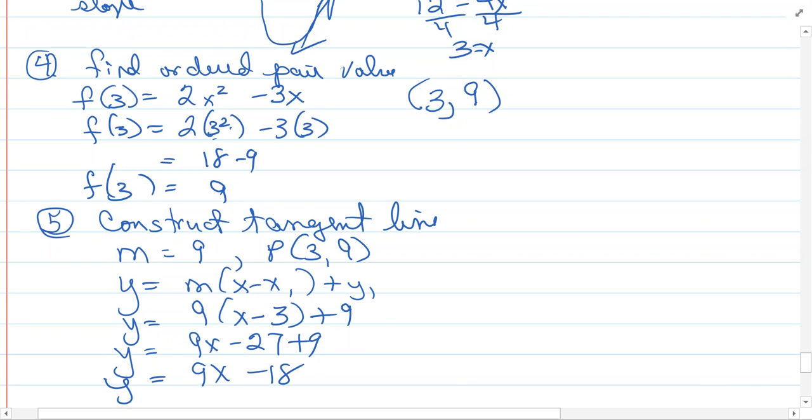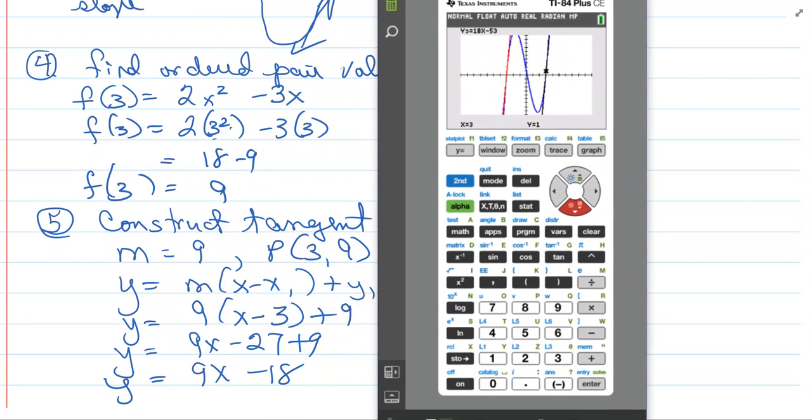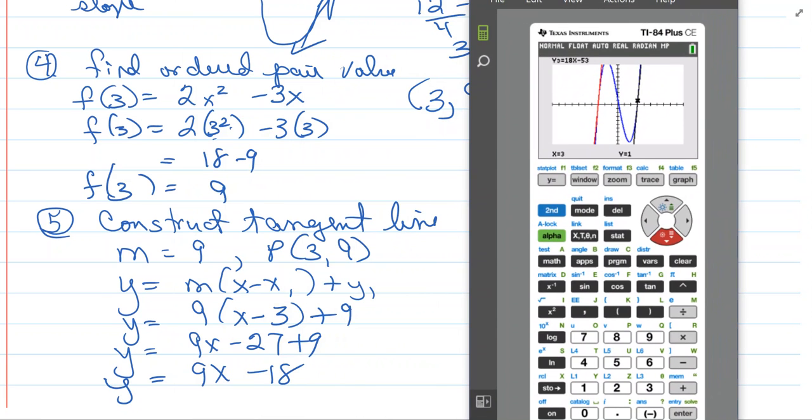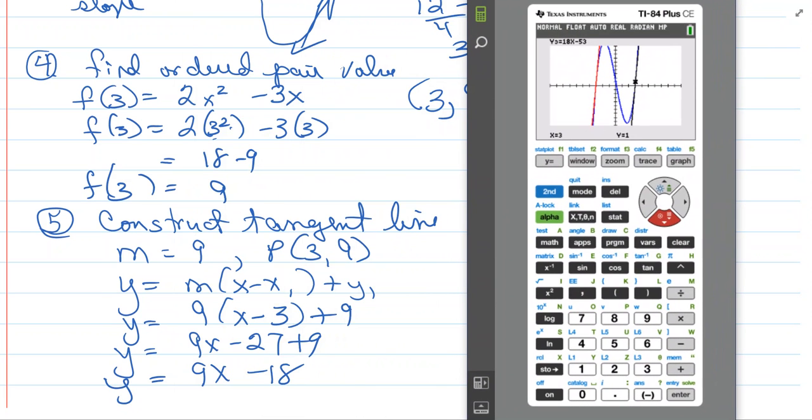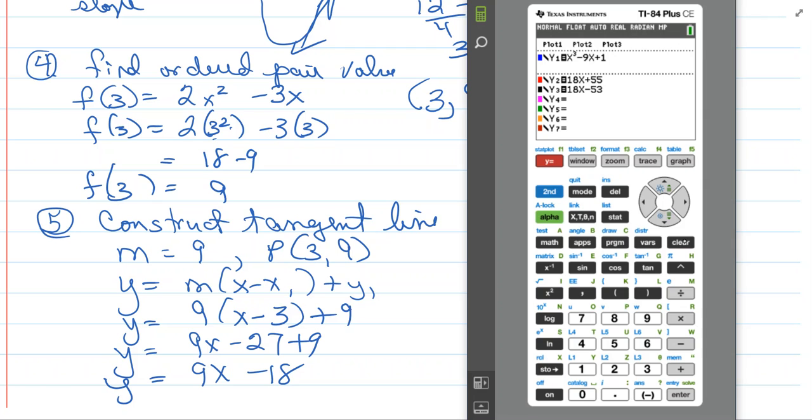So here we go. It's our last problem, and I want to make sure everybody's on the same page, that they have options here. I'm going to go to the y equals. I'm going to clear all of the other ones. And I'm going to enter my original function, 2x squared minus 3x.